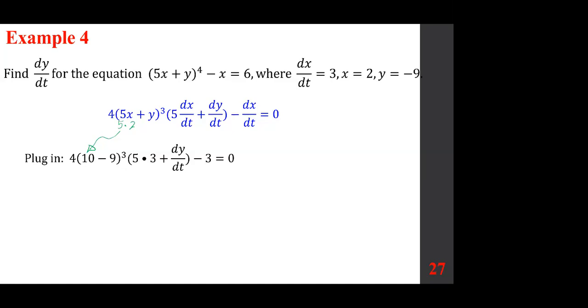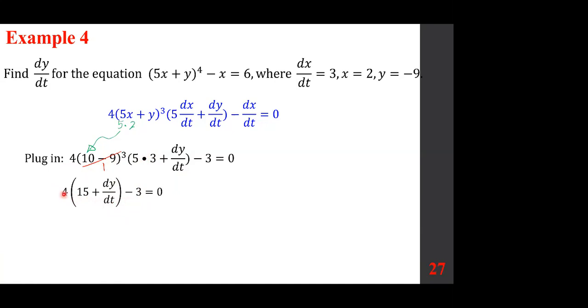So what happens is that this changes to 1, and 1 cubed is the same as 1. So when we rewrite this, everybody, 4 remains. This changes to 1, so it has no effect, just 4. 5 times 3 is 15. So 4 times 15 plus dy/dt minus 3.